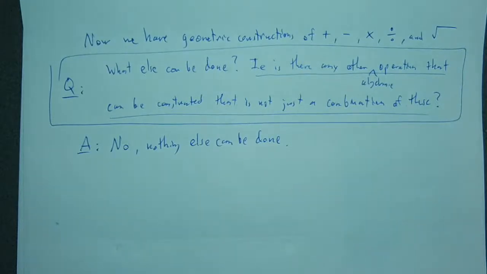Because I'm using the words constructible and non-constructible as a shortcut for saying which things could or could not be constructed by compass and straight edge, but I'm doing some hand waving there, because to prove that those words actually mean what they mean in English, I need to do some work there.